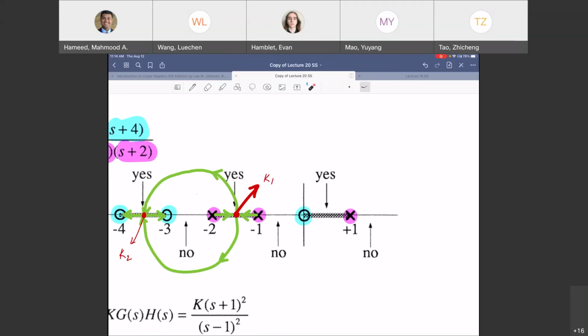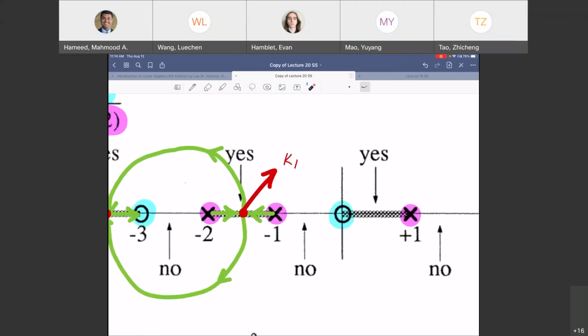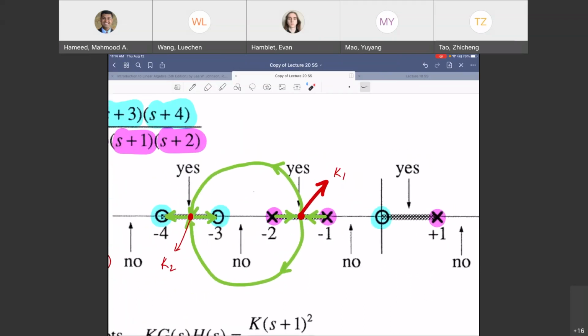Here you have to use your previous rules. It's like a puzzle, and you have to use pieces from the previous rules to piece it together. Let's take a hypothetical. If this guy was going here, how can you have a root locus on this? I need a root locus here, because there's none on the real axis.